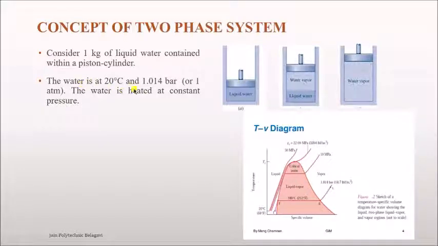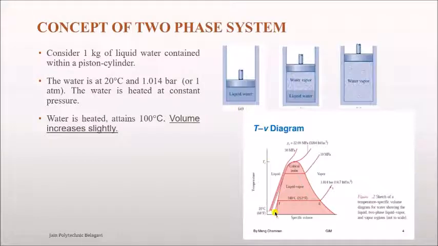Let the temperature of water be around 20 degrees Celsius and its pressure around 1 atmosphere, that is 1.014 bar. The water is heated at constant pressure; the pressure doesn't increase or decrease and remains the same during this phase change process. Now I'll start heating this water.